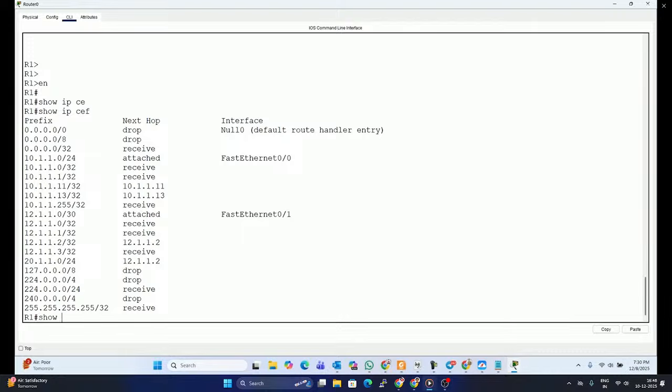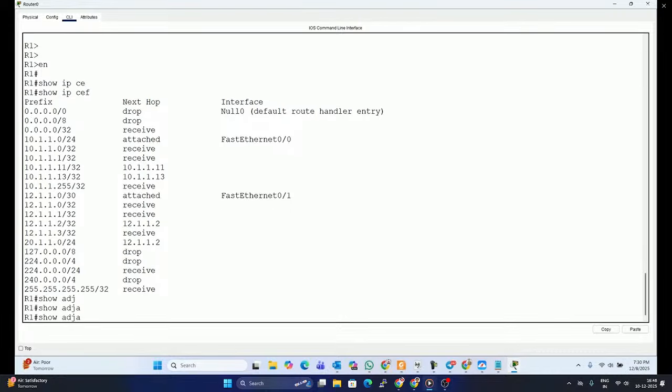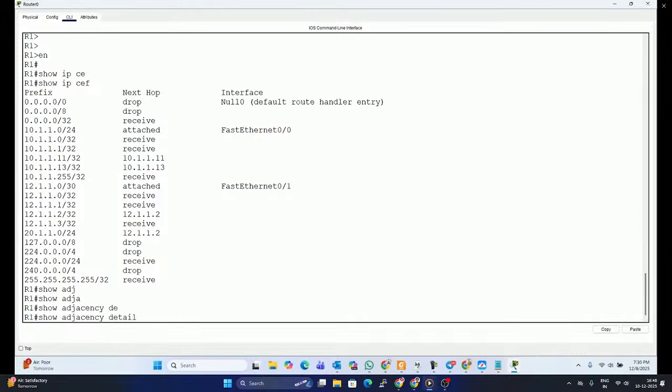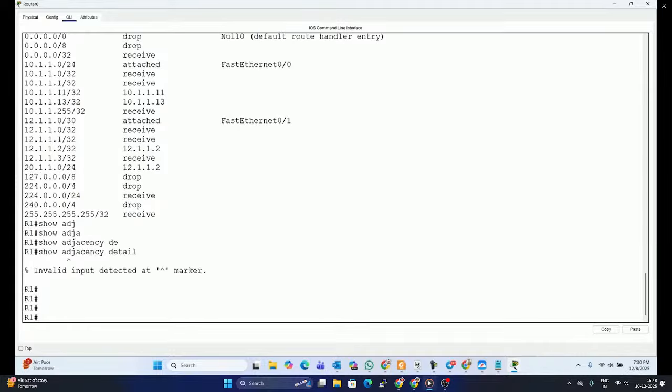And show adjacency. Hope the command will be supported here. So to check that adjacency table, the command is show adjacency detail.